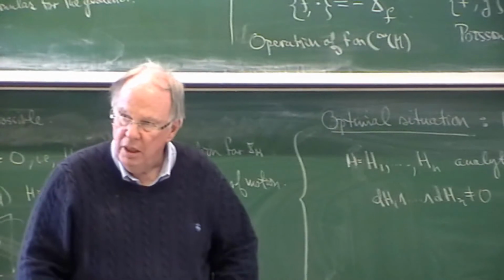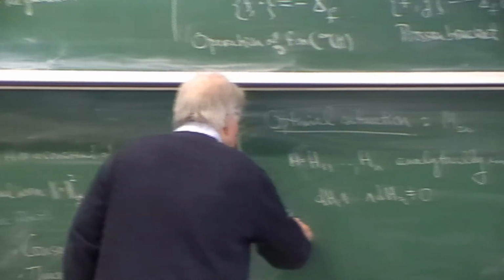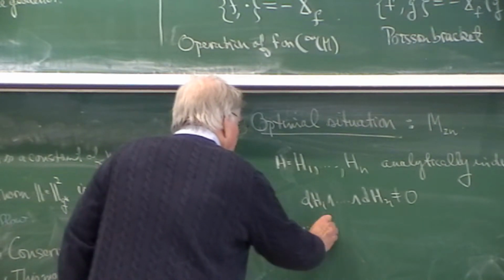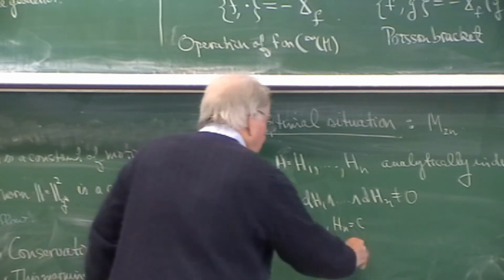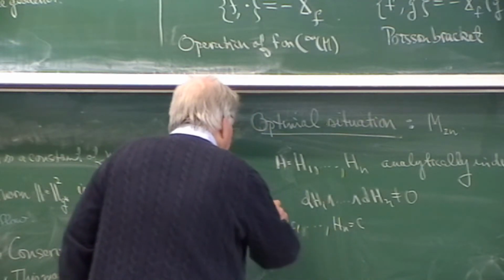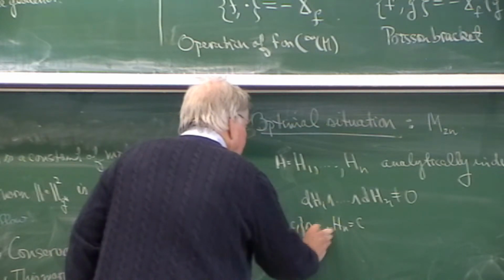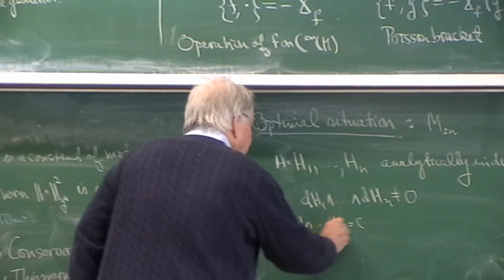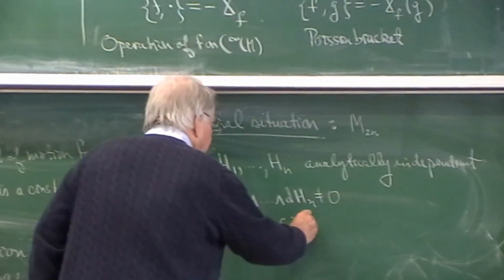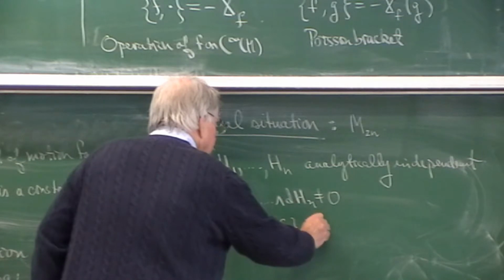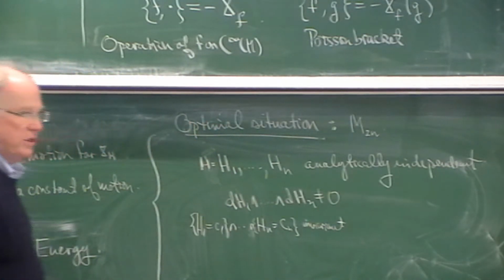The best thing here is H1 equal to C1 and so on, Hn equals Cn are all constants of motion, and therefore if you take the intersection of these sets, this intersection of these sets is invariant.